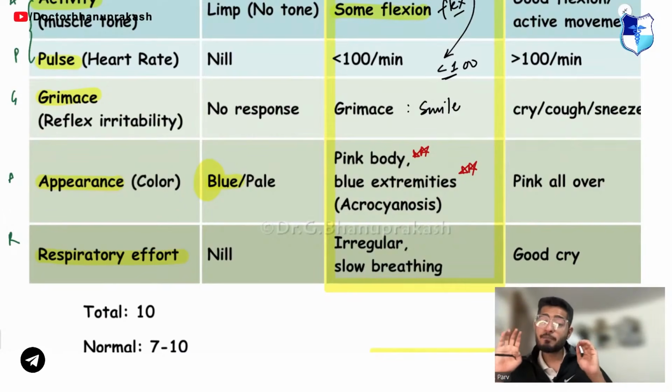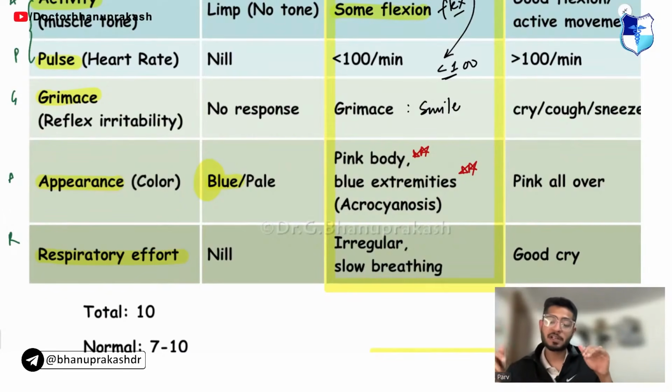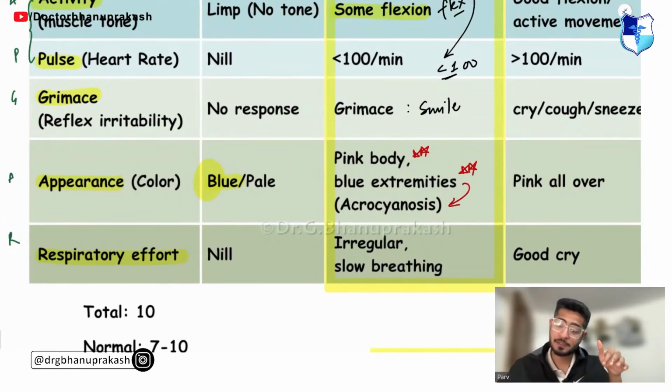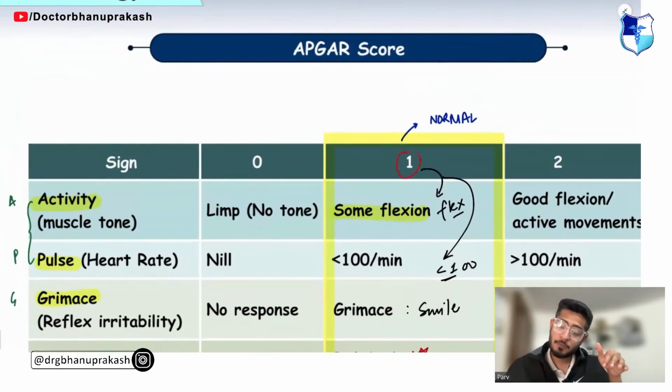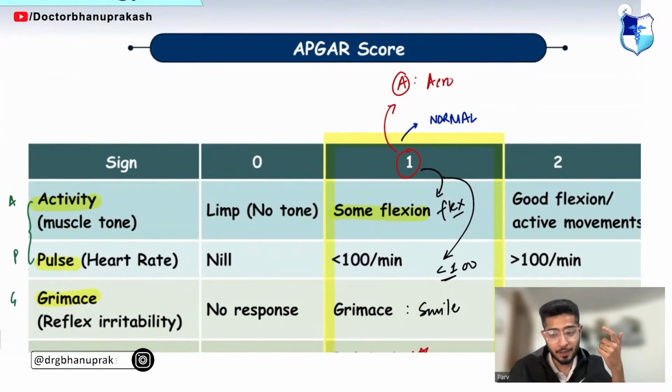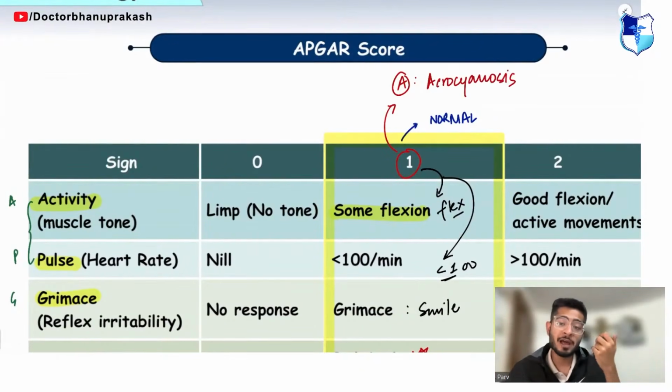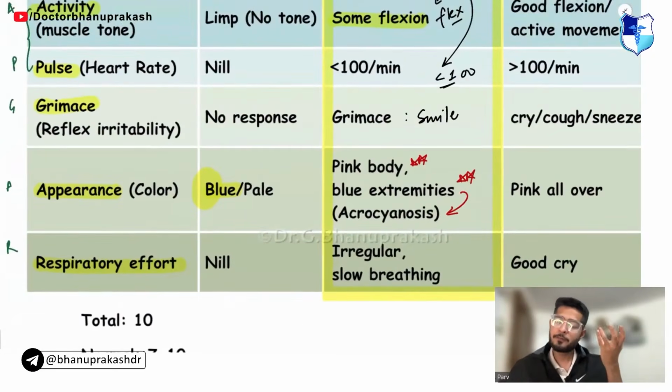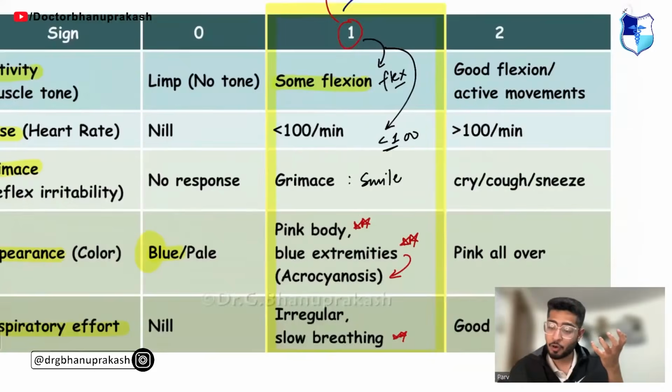So there is peripheral cyanosis only, that is called acrocyanosis. How to remember? The first letter of ABCD is A, and the child is going to have acrocyanosis. Of course, there is going to be slow breathing if the respiratory efforts are not good.